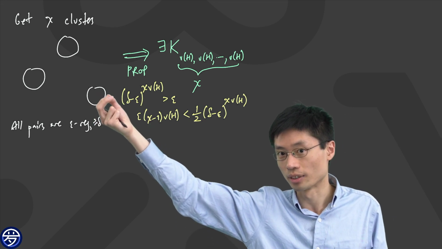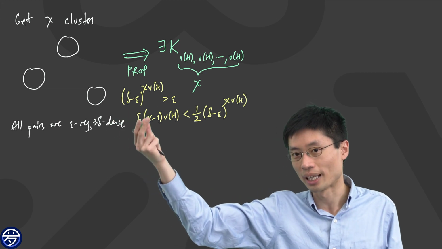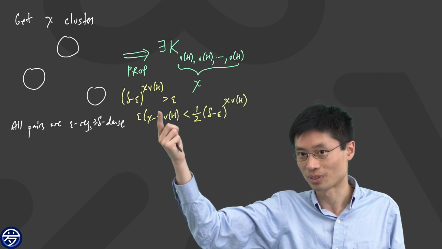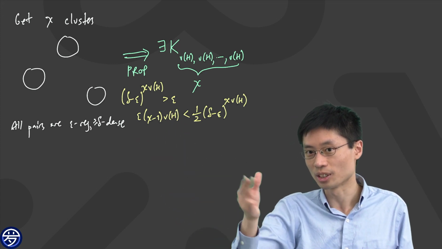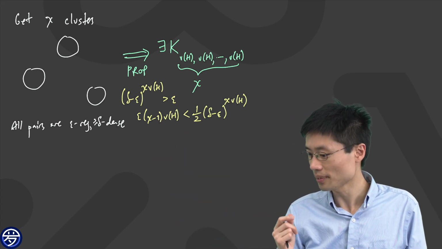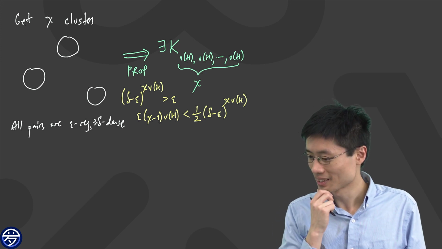The piece that I get at the end is still big enough that I'm able to apply the epsilon regular condition. That's what this thing was. And then this other piece was, here's how many vertices we're shaving off each time. Is that making sense?